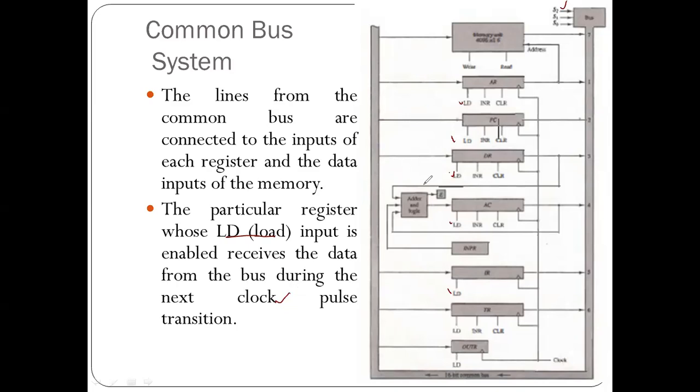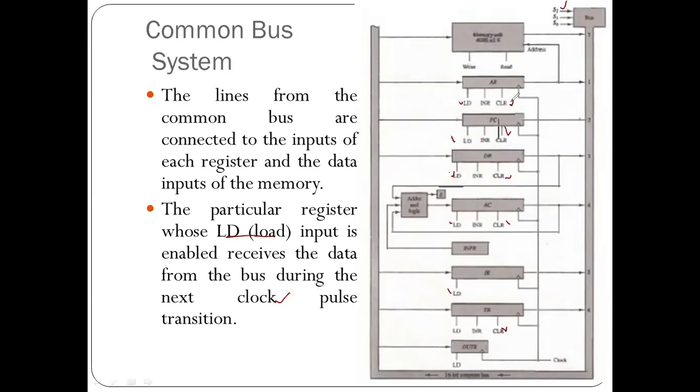So the clock is very important, and it is connected to all the registers and the devices available in your bus system. For the first clock pulse, you have to perform one particular operation. For the second, what is the operation? For the third clock pulse, what is the operation? So you may require a number of clock pulses to complete the instruction execution.